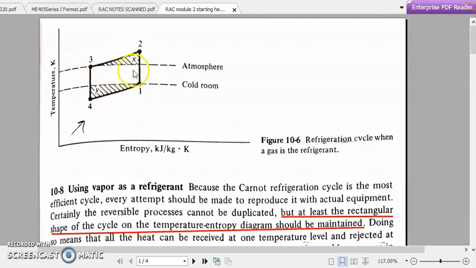Then suppose that working fluid can again change its phase from vapor to liquid during the heat rejection process. Here the heat rejection process is 2-to-3.